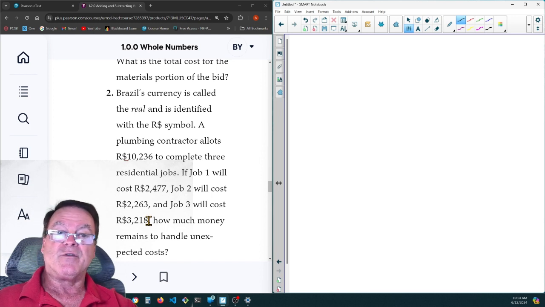We can do this 2 different ways. I could say 10,236 minus 2,477 and come up with a remainder. And then I can take that new remainder and subtract 2,263 reals, and I can find the remainder. And then I can take that new remainder and subtract 3,218 reals.